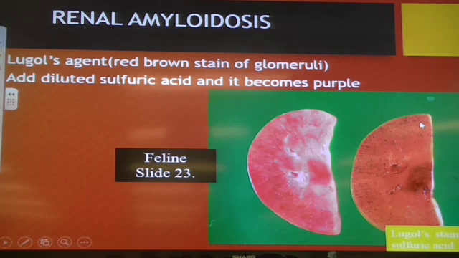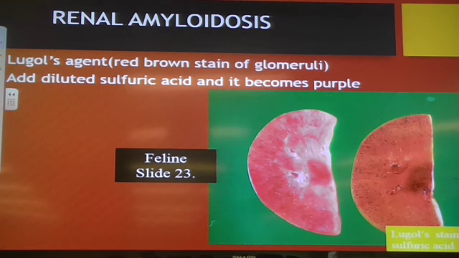And then you apply additional diluted sulfuric acid on it. And then these purple dots are indicative of amyloid deposition within glomeruli. So Lugol stain is perfect for diagnosing amyloidosis on the necropsy floor for gross presentation. It can give us a hint that that's what we're looking at.